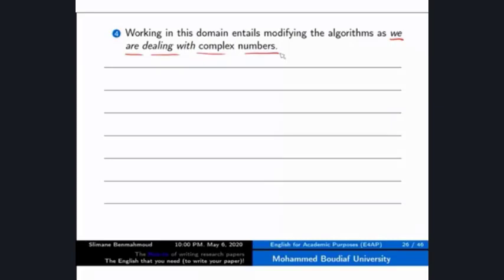Okay, let's try to rewrite it. We say, since we are dealing with complex numbers, working in this domain entails modifying the algorithms.